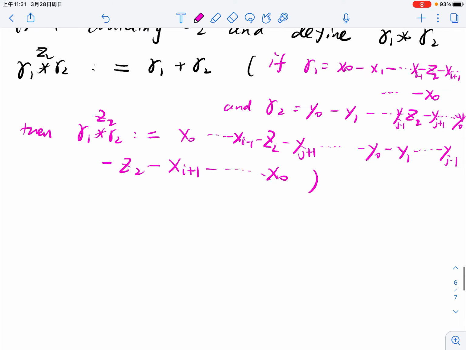This is one way of defining this, and I should say this is not canonical. You can have some other ways to define it.